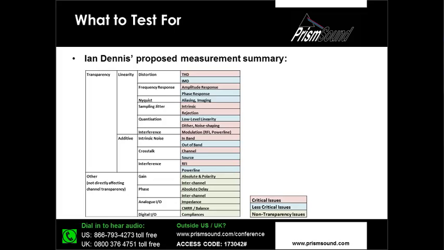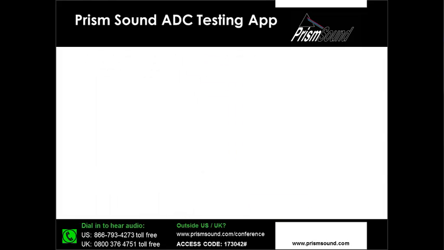And it's this measurement summary that Ian has put together that has led us to develop a brand new application for the DScope Series 3 measurement platform that I'm going to use for the remainder of today's presentation to take us through the live measurement demonstrations.